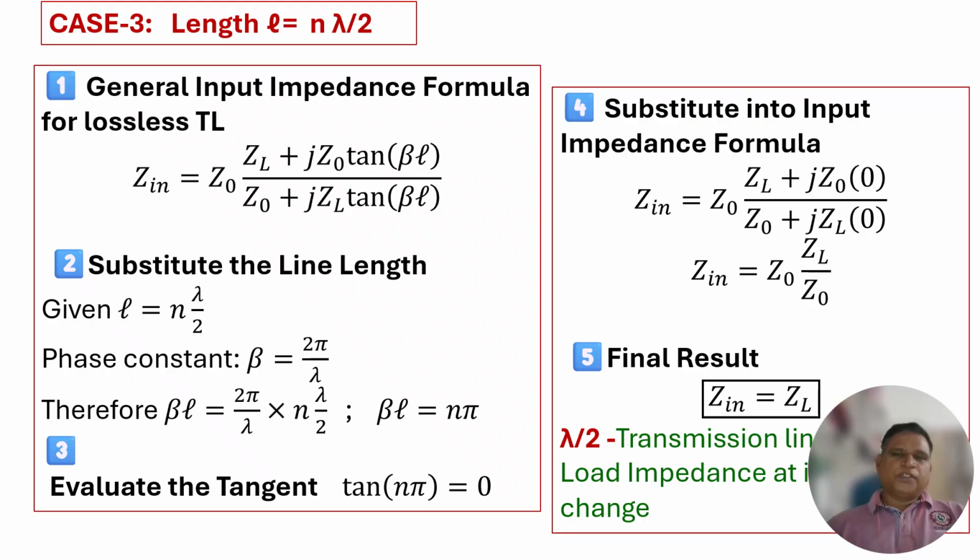By substituting this into the input impedance formula, Zin is equal to, this value is 0, therefore Z0 into ZL by Z0. Therefore, for length L equal to n into lambda by 2, the input impedance is equal to the load impedance.